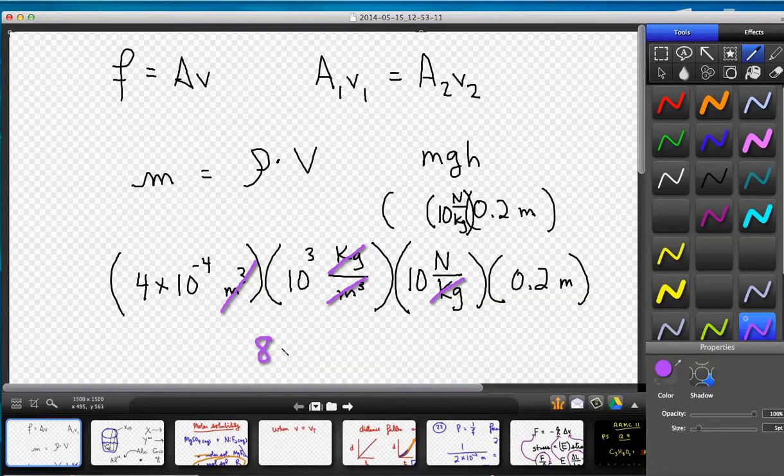Yeah. So would it be 8, 10 to the minus 1? Yes. 0.8 times 10 to the 0. Oh, okay. 0.8 joules. And that is B.